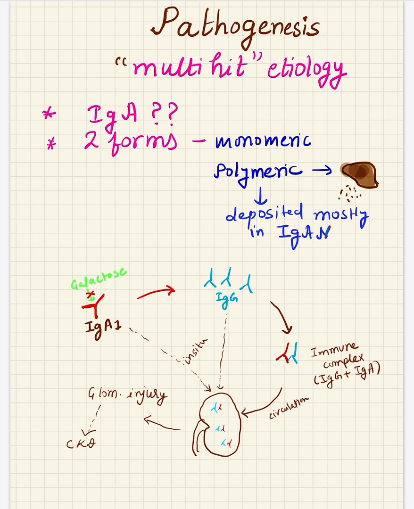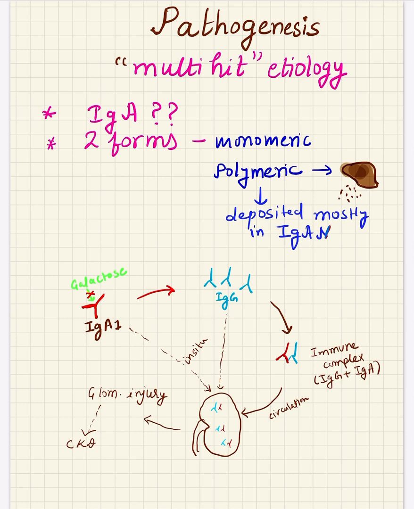So what is the basic pathogenetic mechanism? Due to the various hereditary and acquired causes, there is a defect in the glycosylation of the IgA molecule, and in the hinge region of the IgA1 molecule specifically, there is a defect in the attachment of galactose. These galactose-deficient IgA molecules have the property of eliciting an immune response in the body.